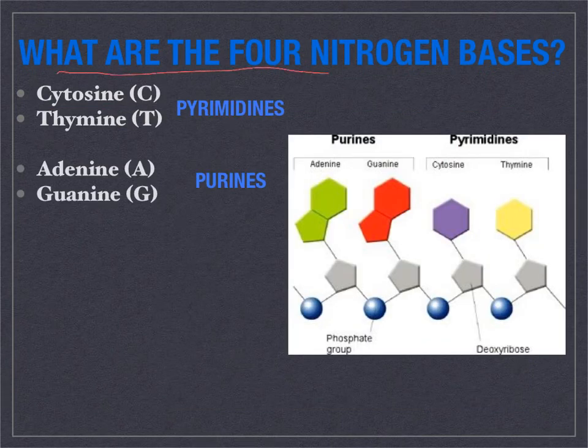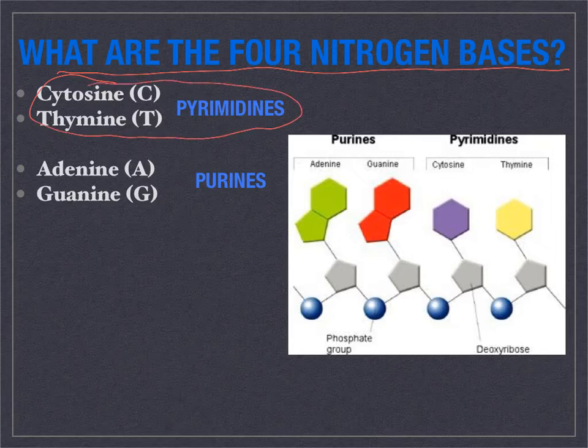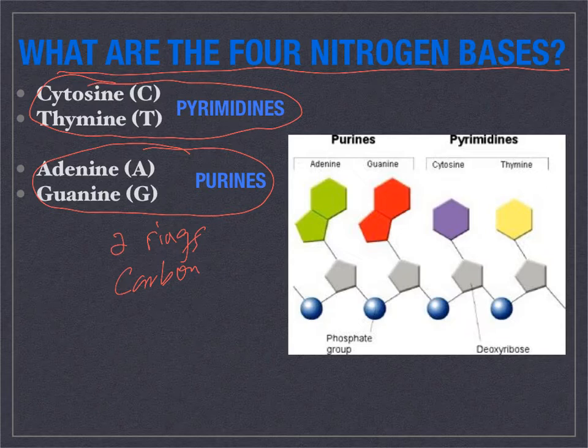So, what are the four nitrogen-containing bases? They fall into two categories: pyrimidines, which are cytosine and thymine, and purines, which are adenine and guanine. Looking at the structure, the purines have two carbon-containing rings that compose the base. Carbon-containing means they're composed primarily of carbon atoms. Both adenine and guanine are purines.